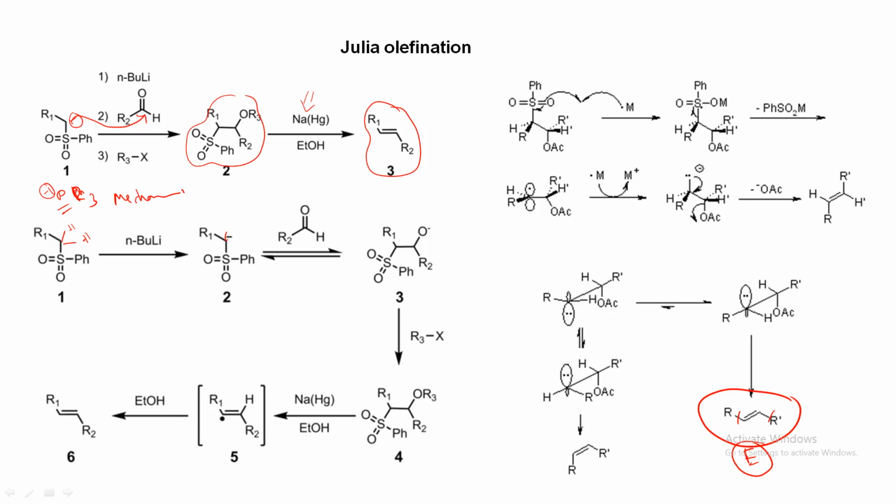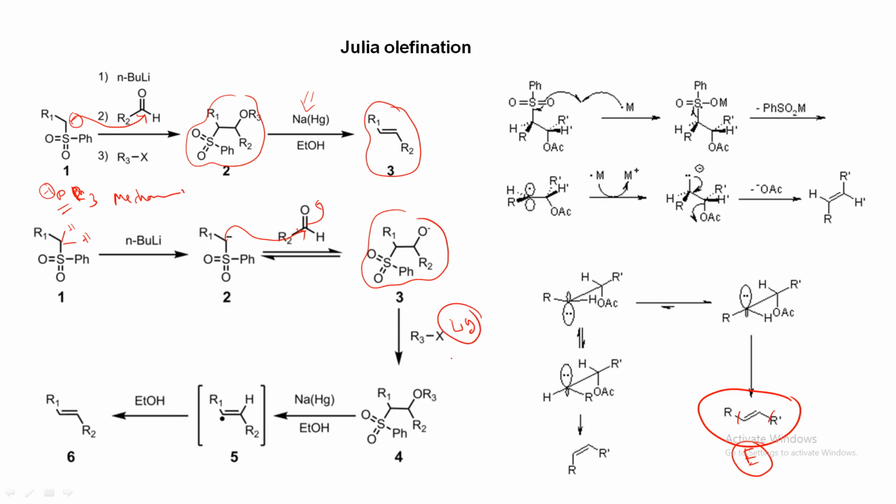Now what would happen? This can easily attack the carbonyl and make this O minus, so this species 3 is generated. Now R3X is used because we need to make this O minus a good leaving group.